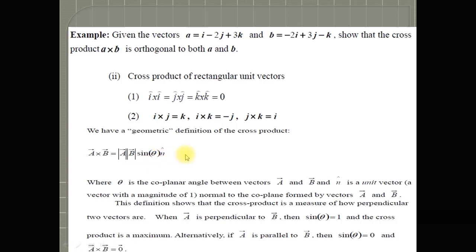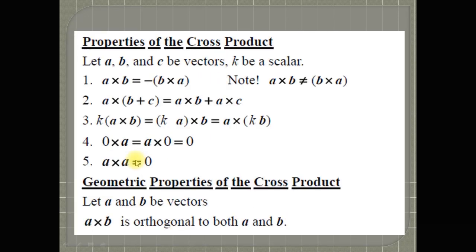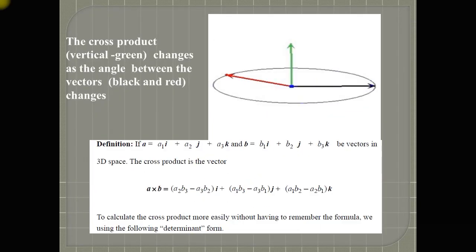And note that A cross B does not equal B cross A, but A cross B is equal to minus B cross A. So simply we can find the vector product of two vectors by using this formula. Taking the magnitude of the left hand side, the magnitude of A cross B is simply equal to |A||B| sine theta.